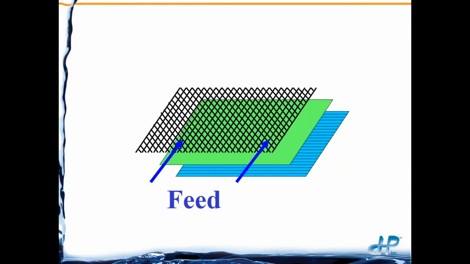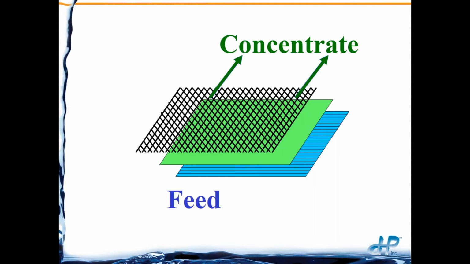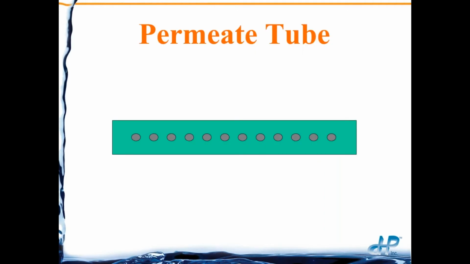Now that feed water enters into our wraps of the feed water spacer, and it of course crosses through and exits out as the concentrate also. So this is also known as cross flow filtration. One flow in, two flows out: the concentrate and the permeate.